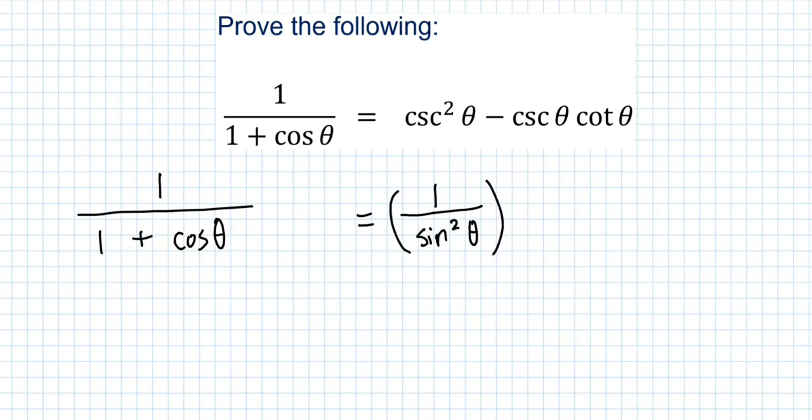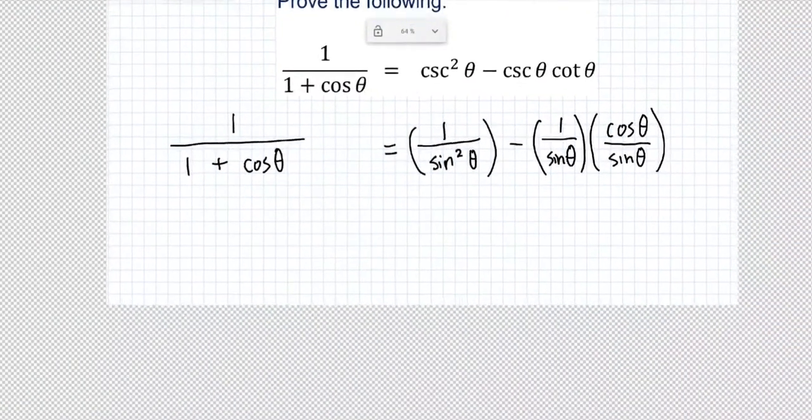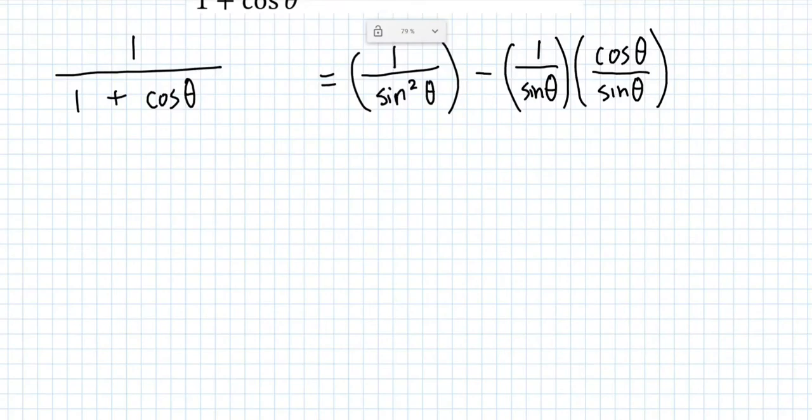That's the first substitution, minus cosecant, again, is simply 1 over sine. So we will write that, 1 over sine theta. And cotangent, the reciprocal of tangent, is cos theta over sine theta. Very good.